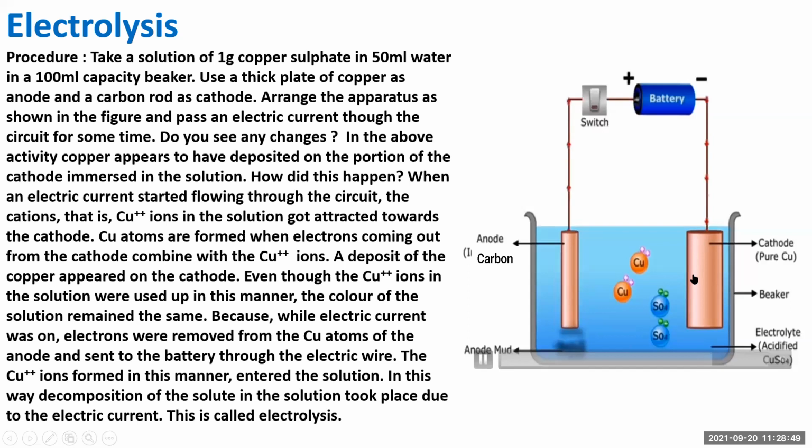Then we discussed the reactions taking place at the anode and cathode, the two electrodes, and the setup of the electrolytic cell. We have to take a solution as the electrolyte and two electrodes. We also discussed the necessary point for good conduction of electricity through the electrolyte solution, which is to take a good electrolyte.